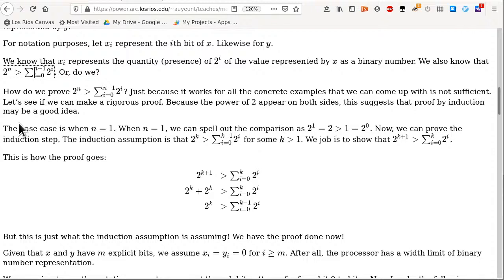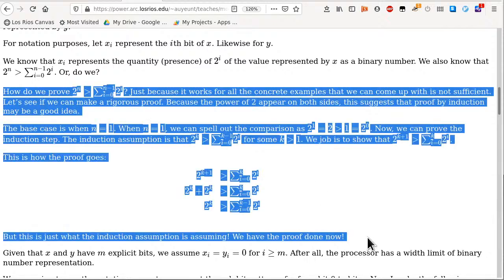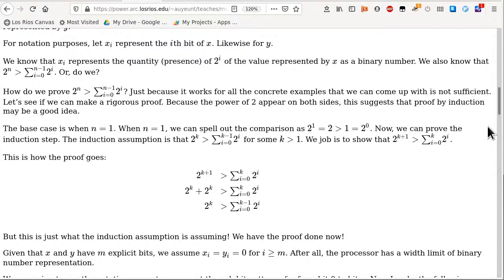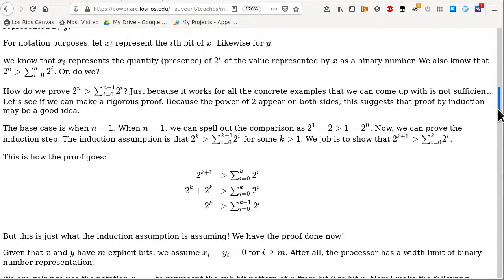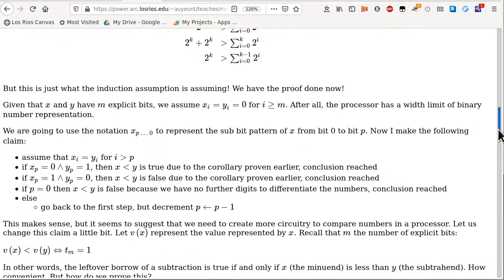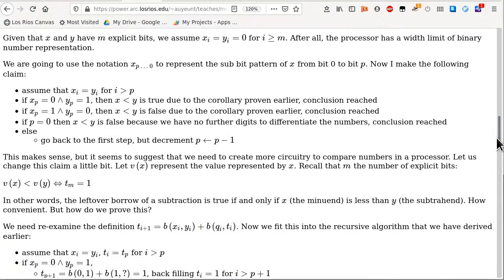The answer is no. If you have taken CISP310, you might want to give this a try, just to make sure that you understand proof by induction, because in CISP310, proof by induction is one of the topics. If you're going to take CISP310 and you have time to read this portion, you might find it useful because it gives you a preview of proof by induction. That's up to you whether to read that section or not.